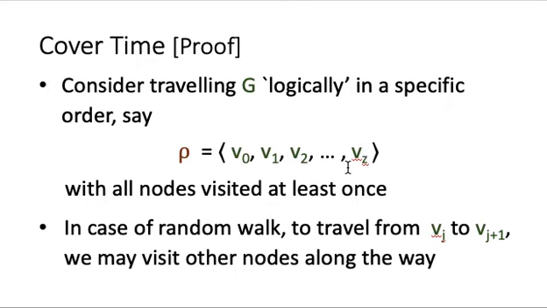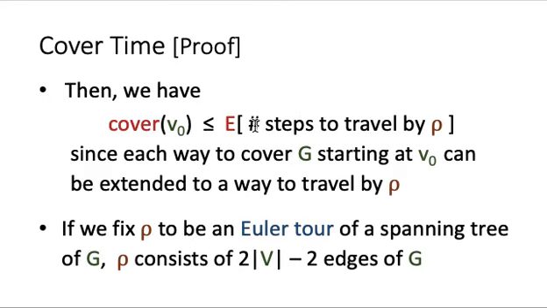But for rho, we have to continue until we visit Vz logically until the end. So in other words, the number of steps that we use by this rho is always more than the corresponding number of steps in the traversal that tries to cover the graph. So the expected value, if we start from V0 to cover the graph, has to be smaller than or equal to the expected value of this number of steps.